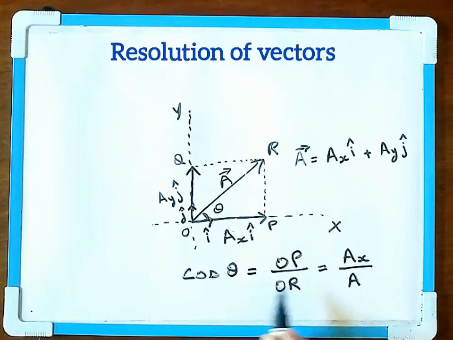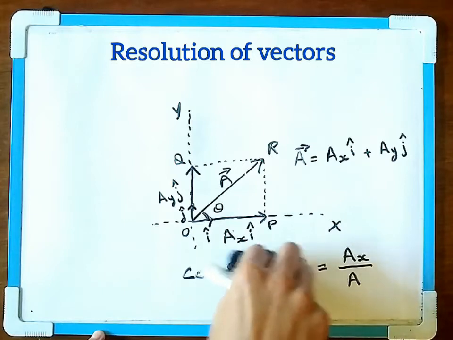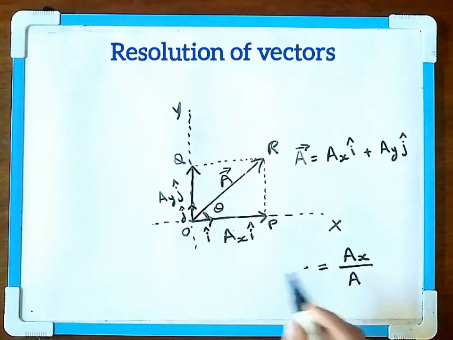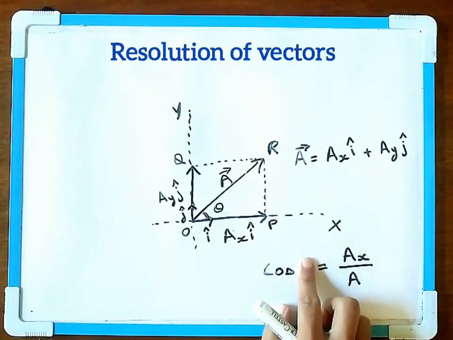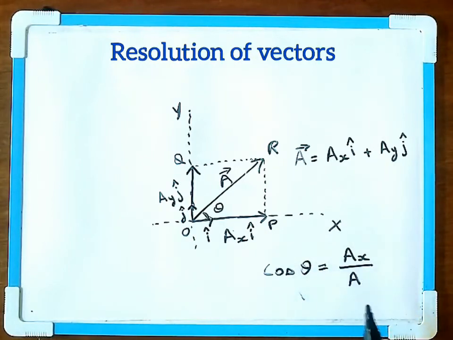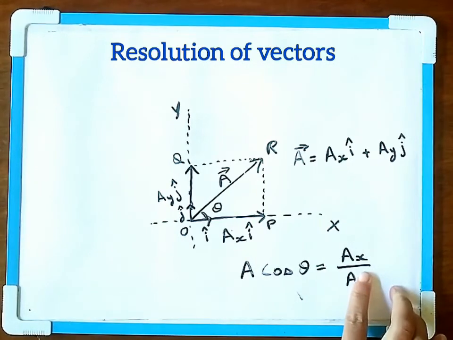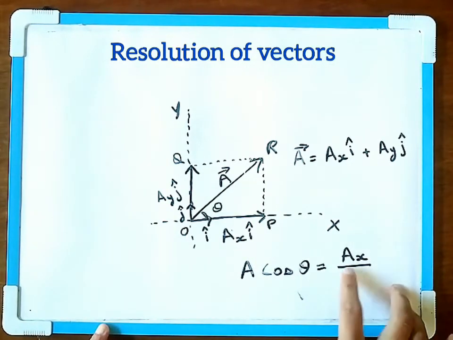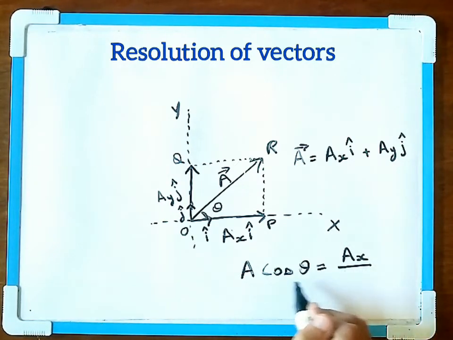So here cos theta is equal to ax divided by a. Now by cross multiplication, cos of theta is equal to ax by a, so ax will be equal to a cos of theta.